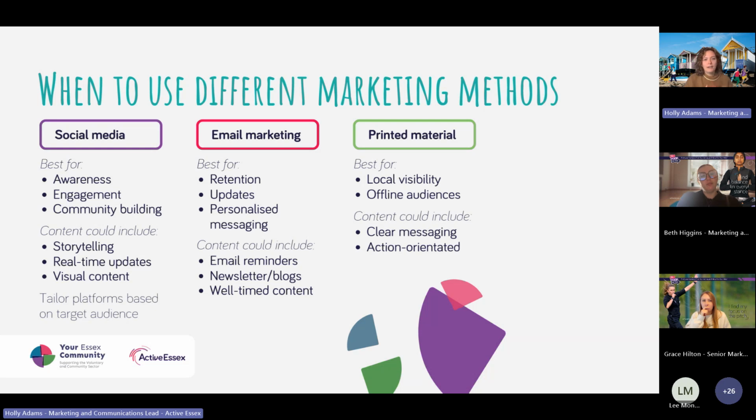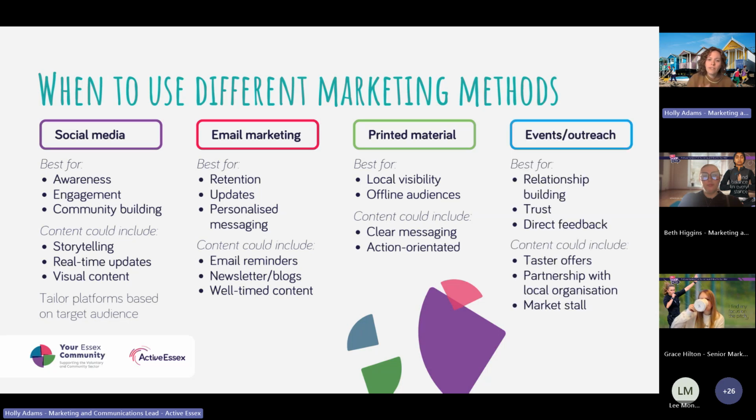So you might want to create a poster that's highlighting an event that you're holding, or a community fundraising specific webinar that you might be doing, like we have. But you have to make sure that there's that action that comes off the back of it. With printed material, try less of 'this is us as an organisation', and make sure there's that action that sits behind it around what you want your audience to do once they see that material.